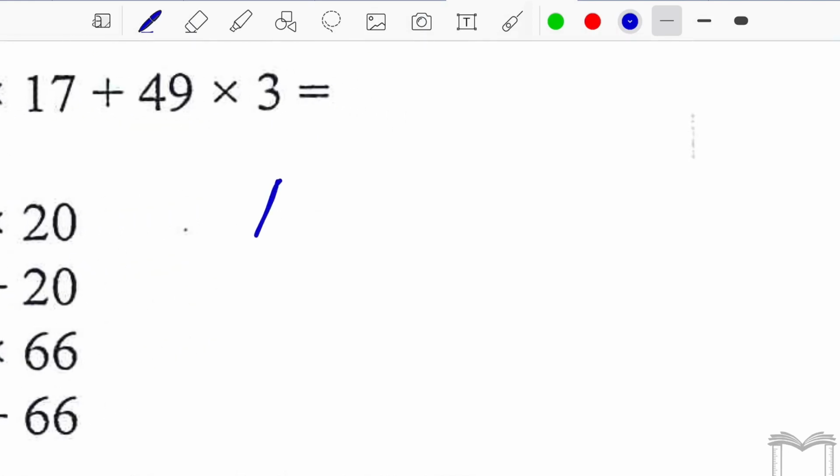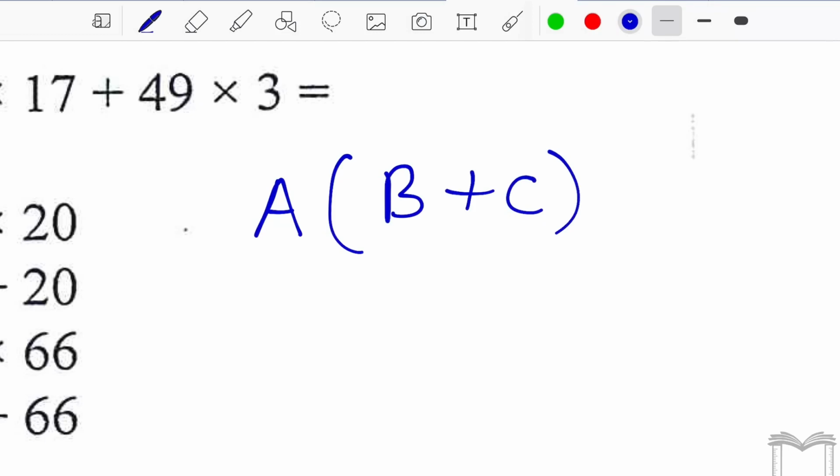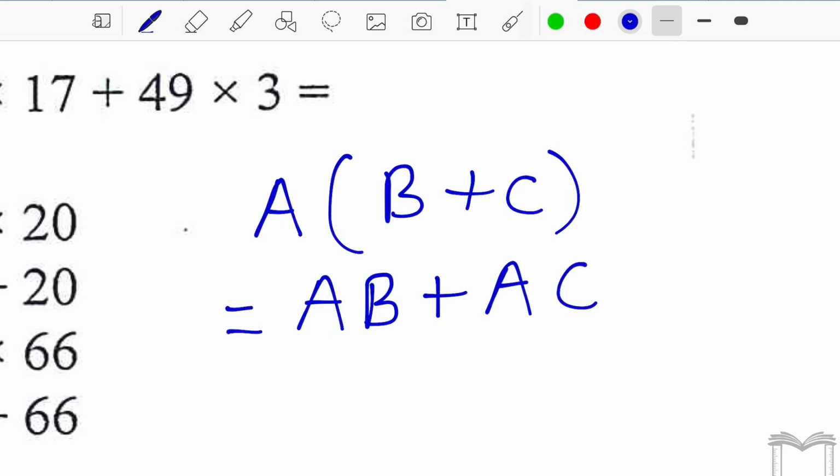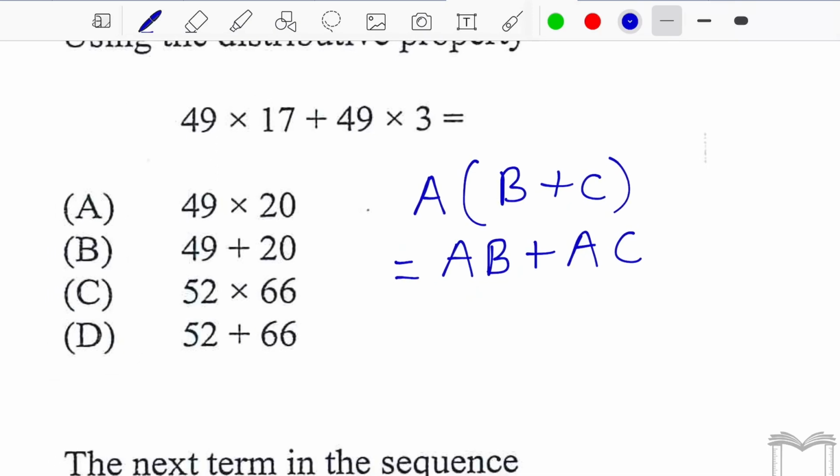So if we have a formula A, open brackets, B plus C. If we expand this bracket, this will be A multiplied by B plus A multiplied by C. So those two expressions are the same. It means the same. You will get the same answer if you had numbers there.